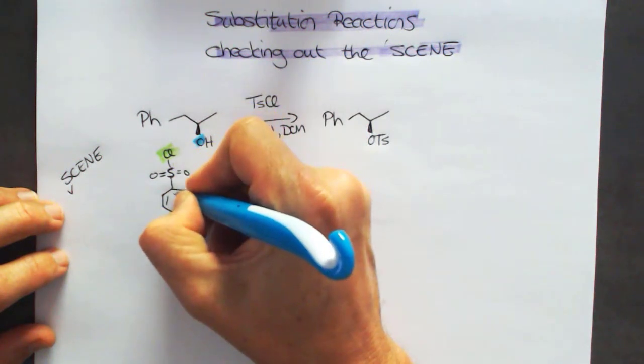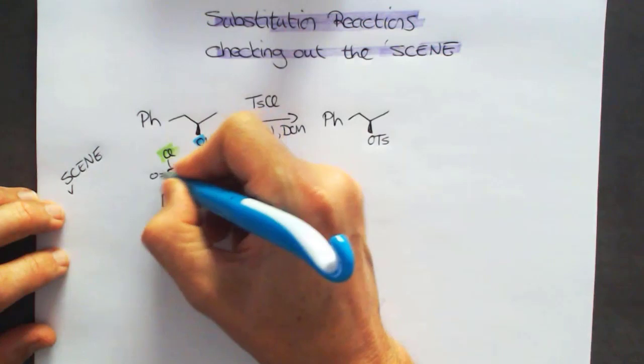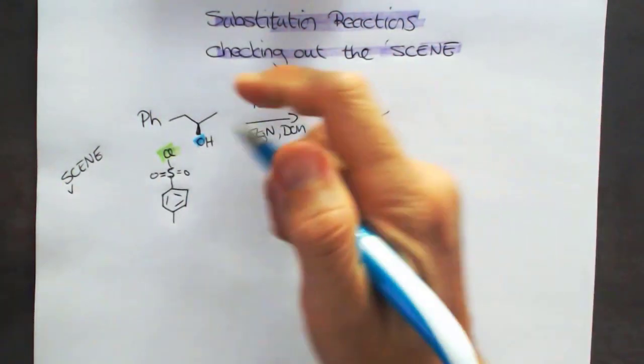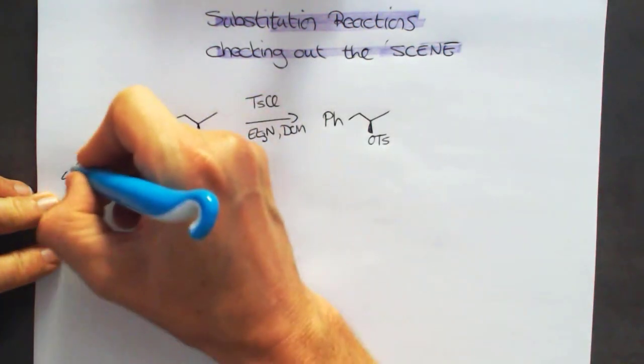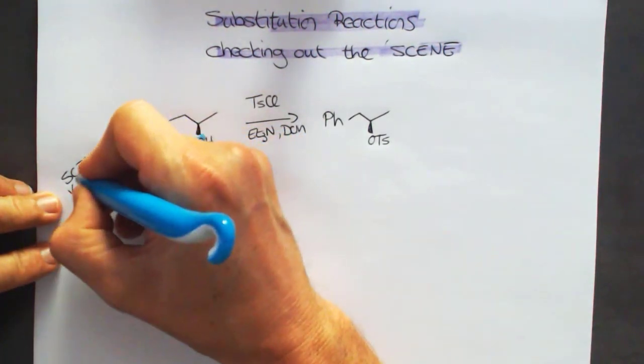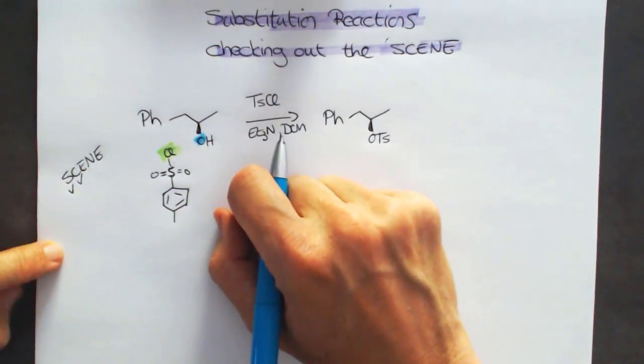Maybe a little bit from the benzene ring, but the oxygens that are pulling electron density away from that sulfur are really going to be destabilizing it. So in terms of carbocation formation, not so good. I would balance on the side that it's going to be an SN2.